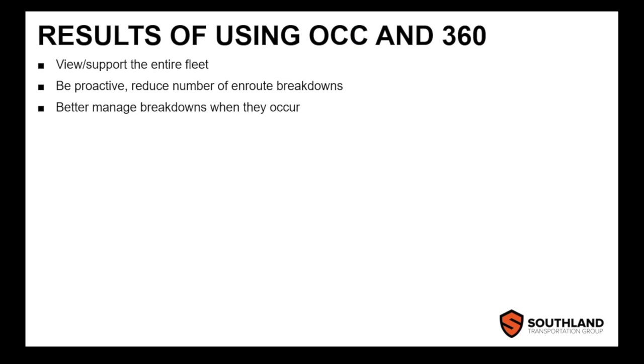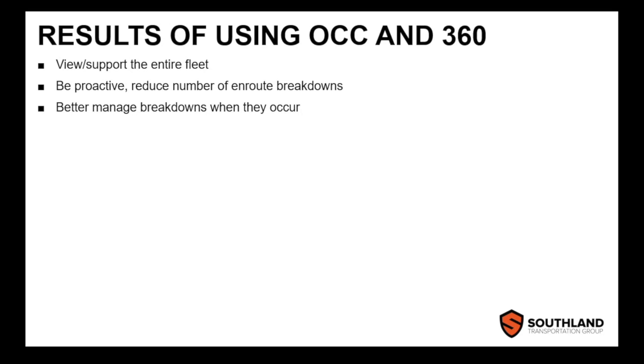So if we look at these 2 tools, these primary resources, both OCC, which is OnCommand Connection, and International 360, this allows you as a customer to view and support your entire fleet, all makes, all models. Allow you to be proactive, reduce the number of en route breakdowns.